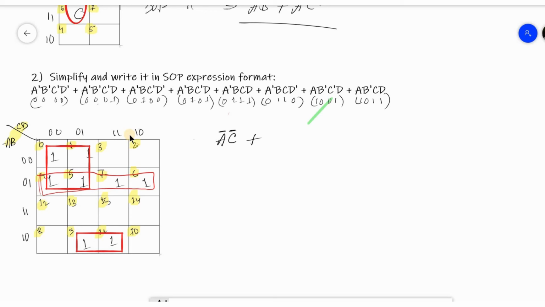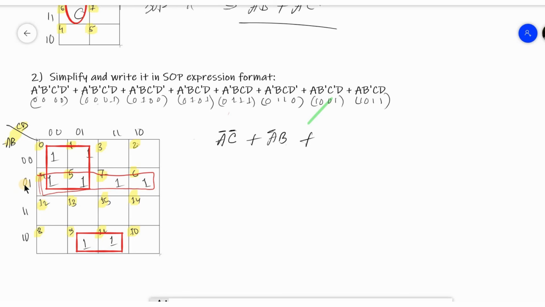Now let us move on to the next one. In this group consisting of boxes number 4, 5, 6, 7, we can see that C and D are changing, so they are totally ignored, and we can see that AB remains, and there is no chance that AB can change, so we include A, B, and since A is unchanged with 0, we'll have to include A bar.